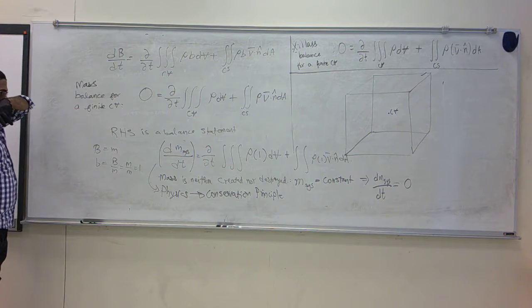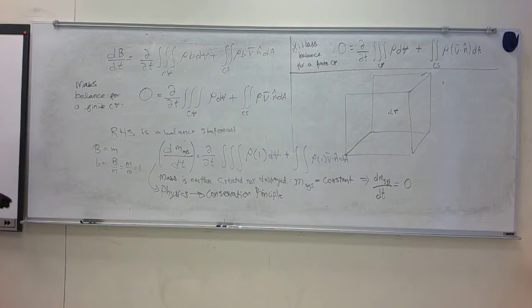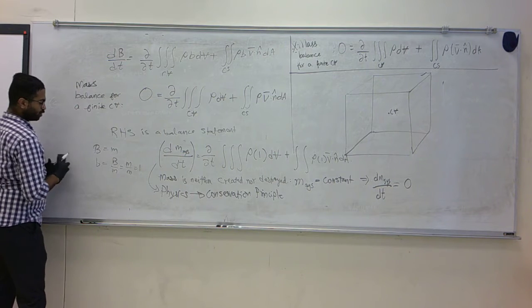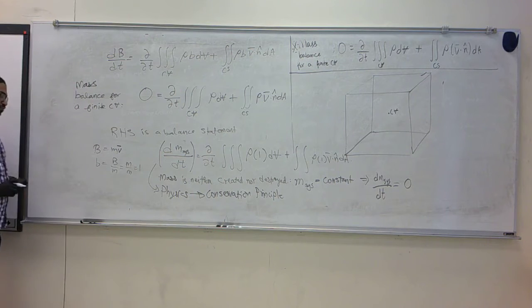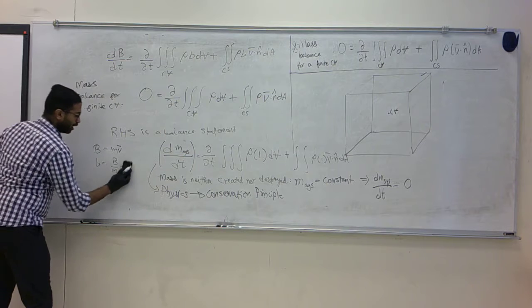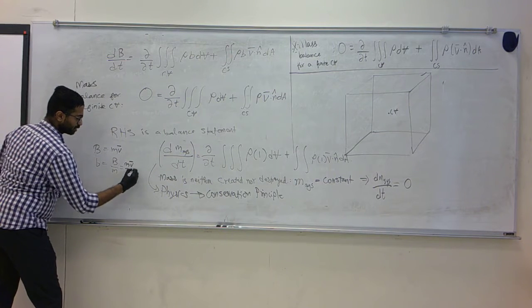So we did this for mass balance. Okay, if through the same formulation we choose this B to be linear momentum, I'm going to say the lowercase b is simply velocity.